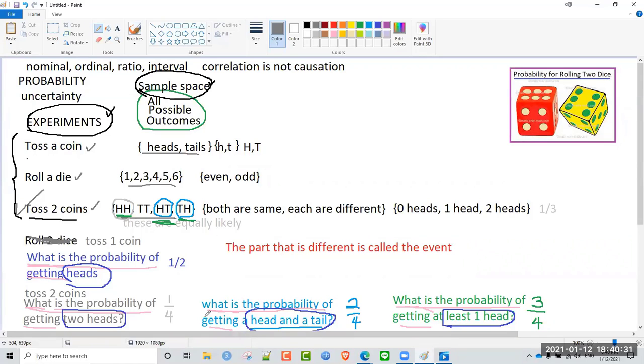Oh, sorry, I made a mistake. This one is different. This is tossing 1 coin. So let's ignore that and just talk about these 3 on the bottom. These are all for the same experiment, tossing 2 coins. But we said getting 2 heads, getting a head and a tail, getting at least 1 head.